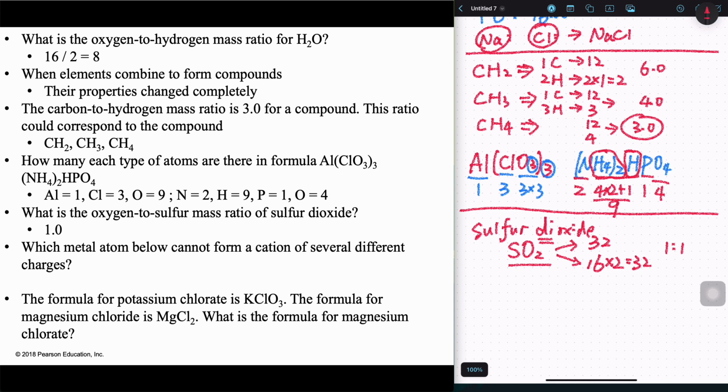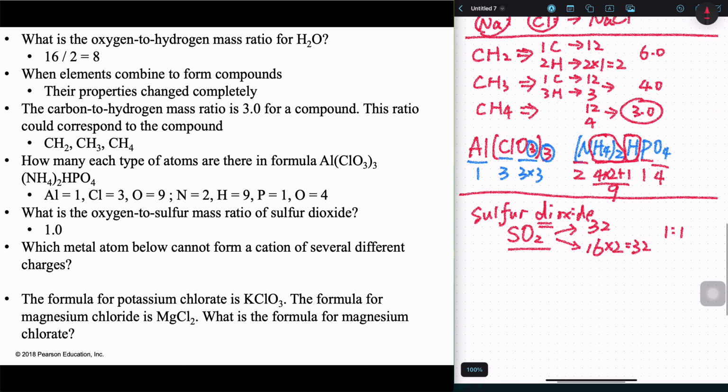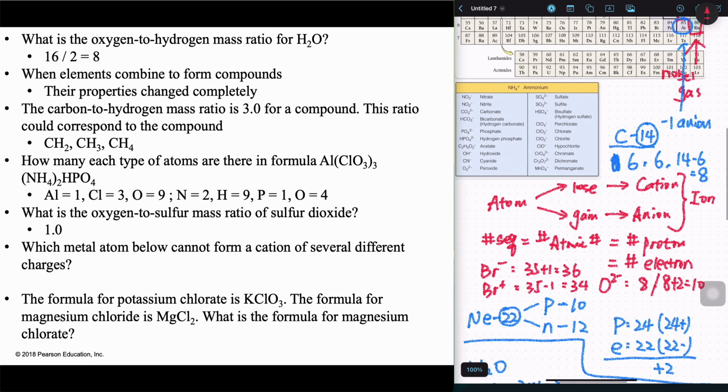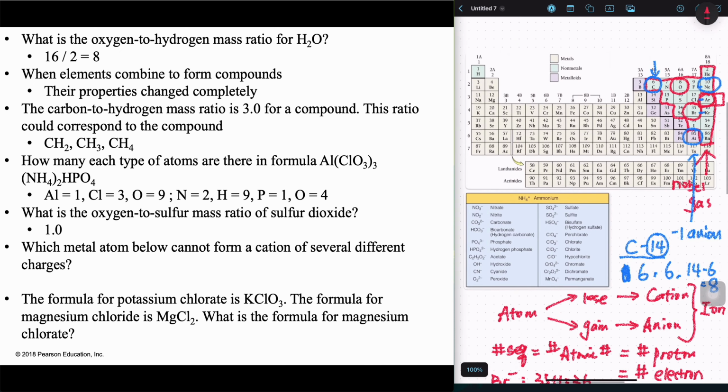Next question. Which metal atom below cannot form a cation of several different charges? Remember, within the periodic table, we separated it into two parts. The part in here is called the transition elements.